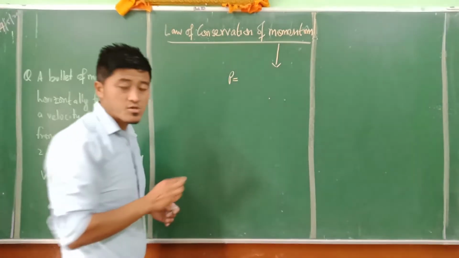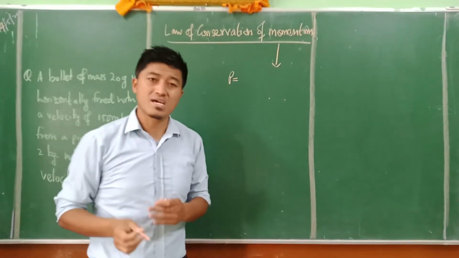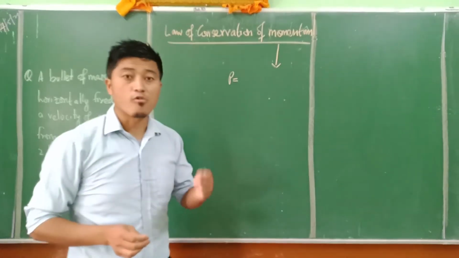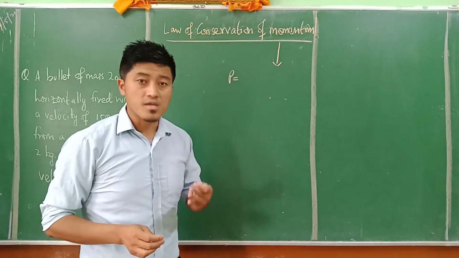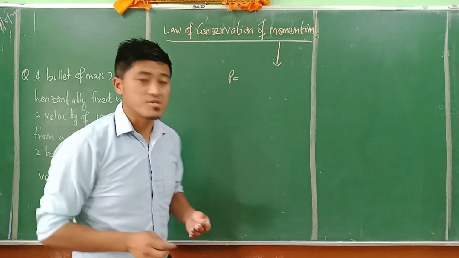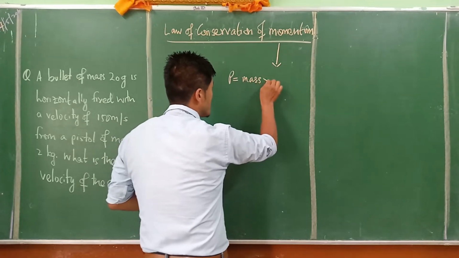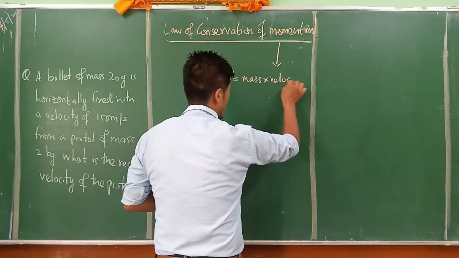Whenever there is an object which has a mass and a certain velocity, we say that object is in possession of a certain momentum. Normally we are concerned with mass into velocity.